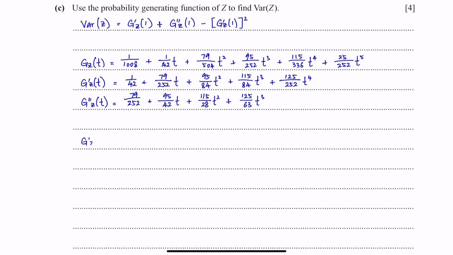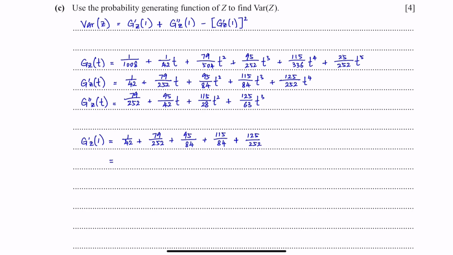So now G prime 1, basically we sub t equals 1 into this equation over here. So we have 1 over 42 plus 79 over 252 plus 95 over 84 plus 115 over 84 plus 125 over 252.